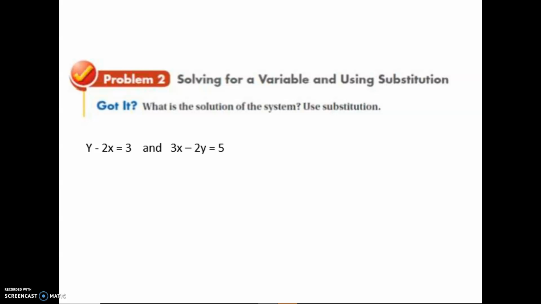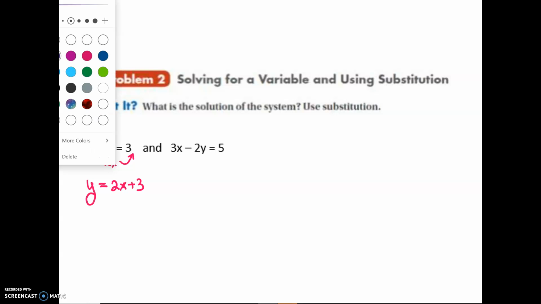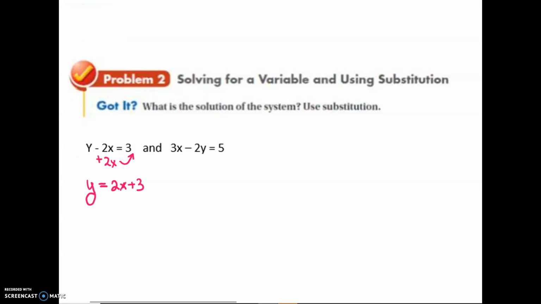So I'm going to choose this first equation here. And I would just add that 2x to move it over to the other side. So y is going to equal 2x plus 3. Now I have an equation where a variable is by itself, and like we talked about earlier, we're going to take this equation for y, and I'm going to plug it in here into this equation where y is located.